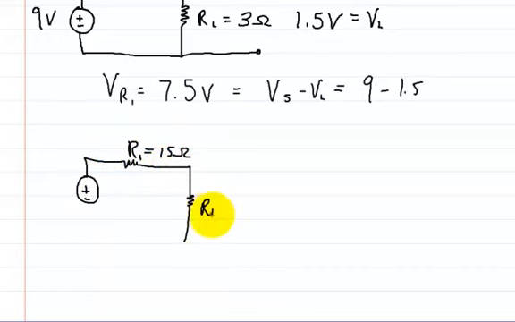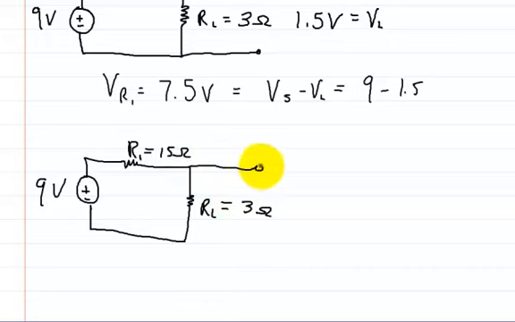Then you're going to have the resistance of the load, and that's going to be equal to 3 ohms. And there's your 9 volt supply. So this circuit right here will give you the voltage that you need right here, and it'll also give you the current that you need to go through it.